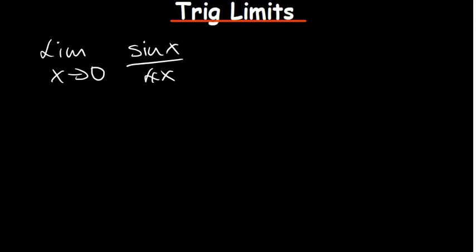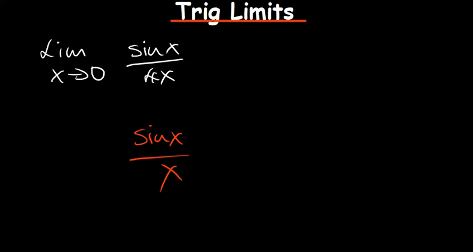So for number 1, let's consider the limit as x approaches 0 of sine of x over 4x. What do you expect for this limit? When we look at this limit, we want to have it in the form of sine x over x.